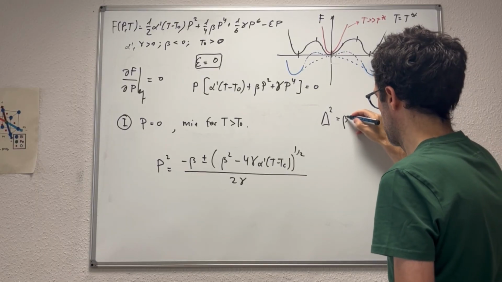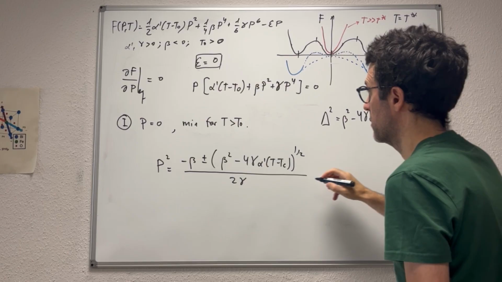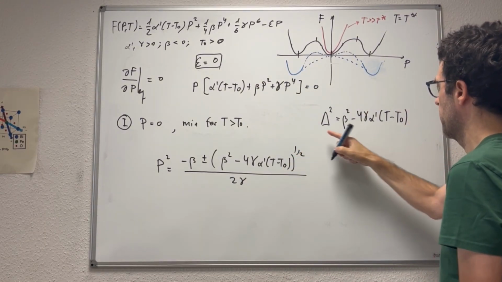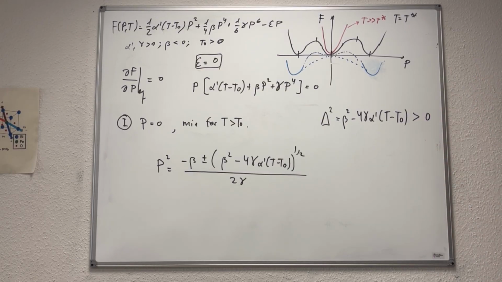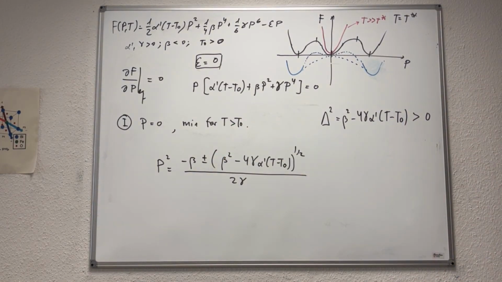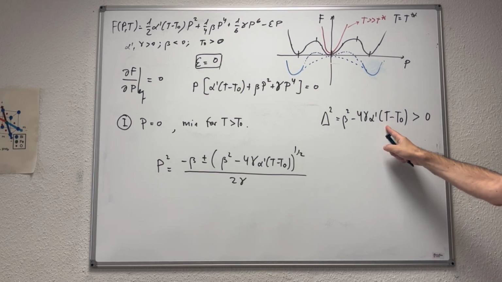So for gamma alpha prime, T minus T0, this thing here has to be positive in order to have solutions at all beyond p equals 0. All right, when is this positive? When we can solve for the temperature, essentially, right?